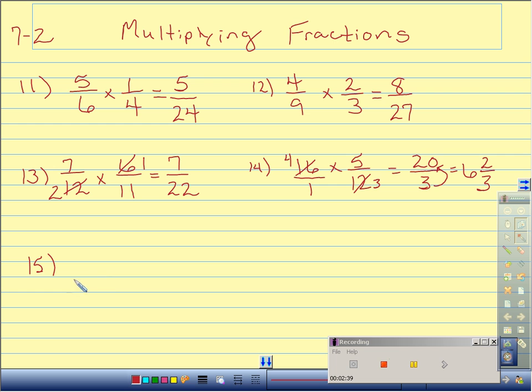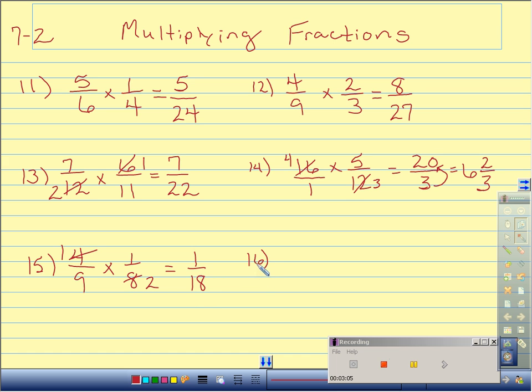15. 4/9 times 1/8. 4 and 8 we can reduce, dividing by 4. 4 goes into itself once, and it goes into 8 twice. 1 times 1 is 1. 9 times 2 is 18.